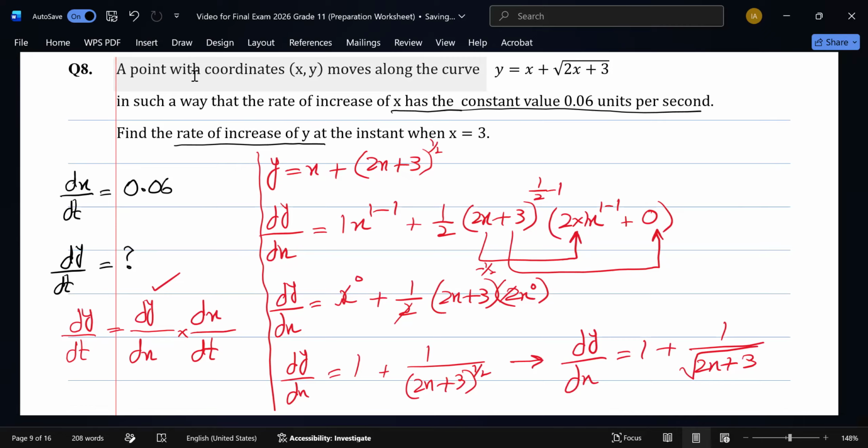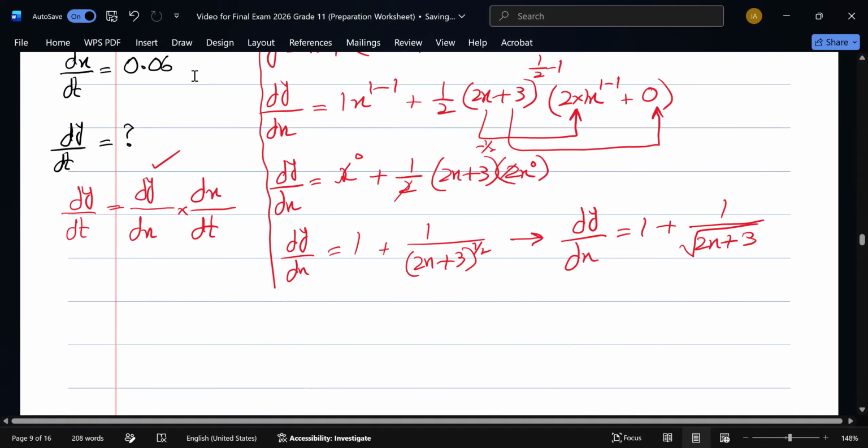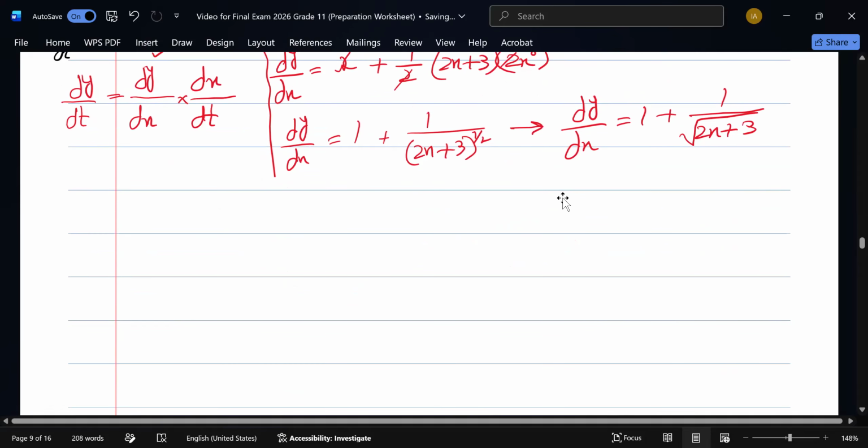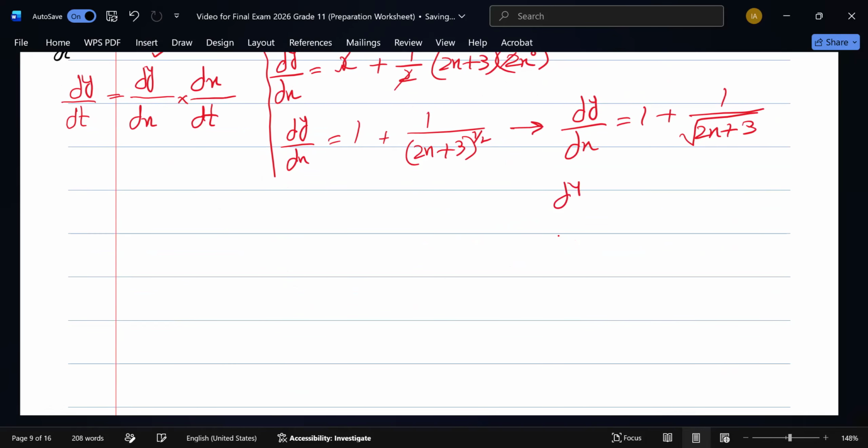But you must substitute the value of x, that is 3. So dy upon dx is 1 plus 1 over square root of (2 times 3 plus 3), which is 1 plus 1 over 3.